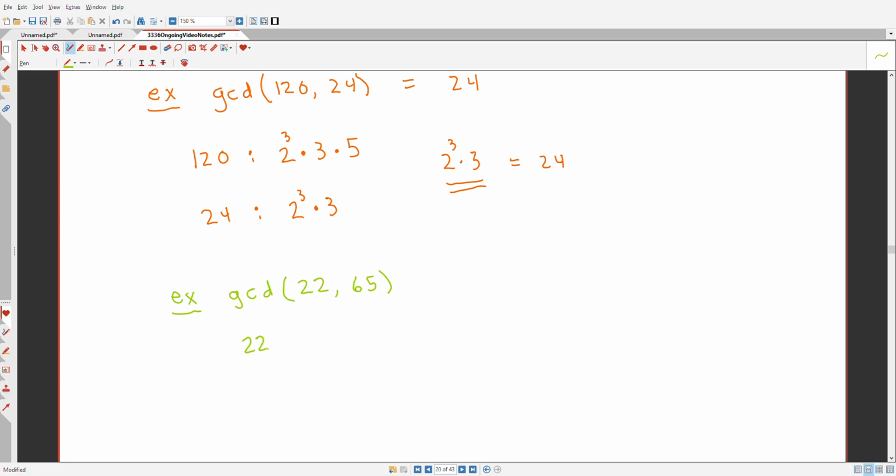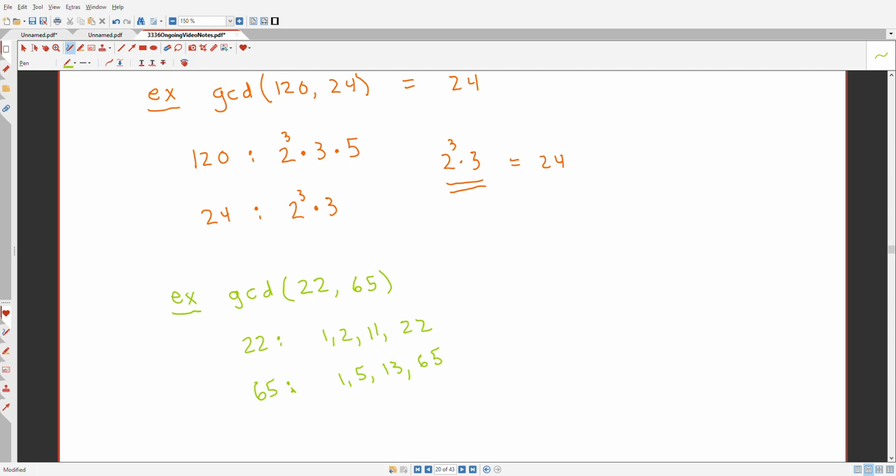For 22, if I write down all of its divisors, it's not that bad. It's 1, 2, 11, and 22. If I wanted to write down all the divisors of 65, I could say it's 1, 5, 13, and 65.